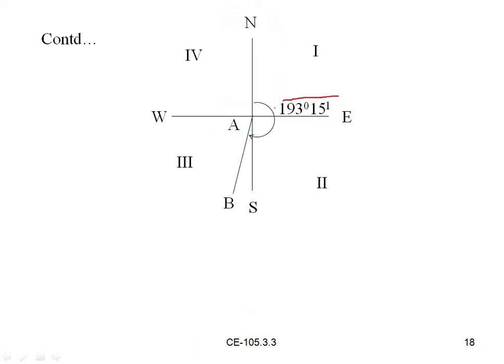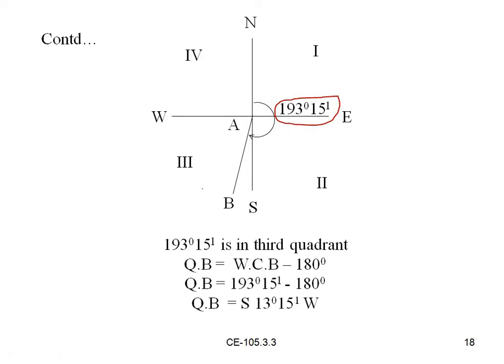And the next one is 193 degrees 15 minutes. So it is a point A and B. It is in the third quadrant. So as per the third quadrant, quadrantal bearing is equal to whole circle bearing minus 180 degrees. Then we will get the answer, south 13 degrees 15 minutes west.